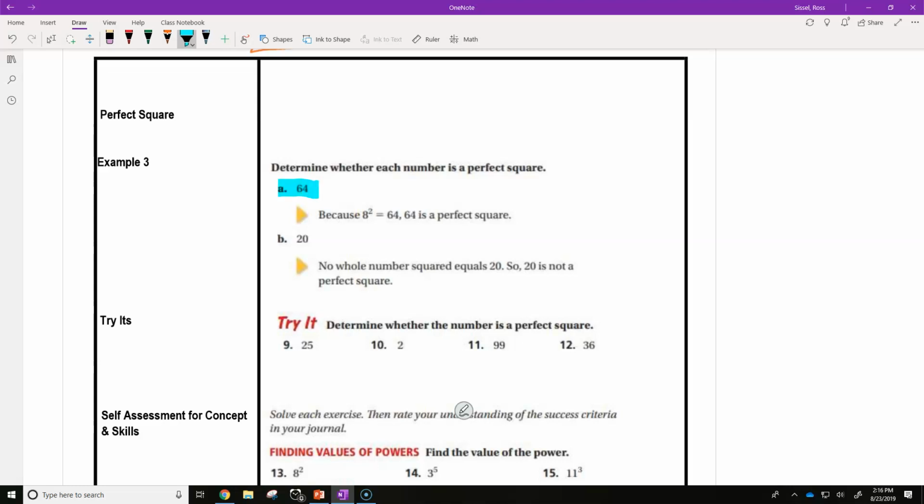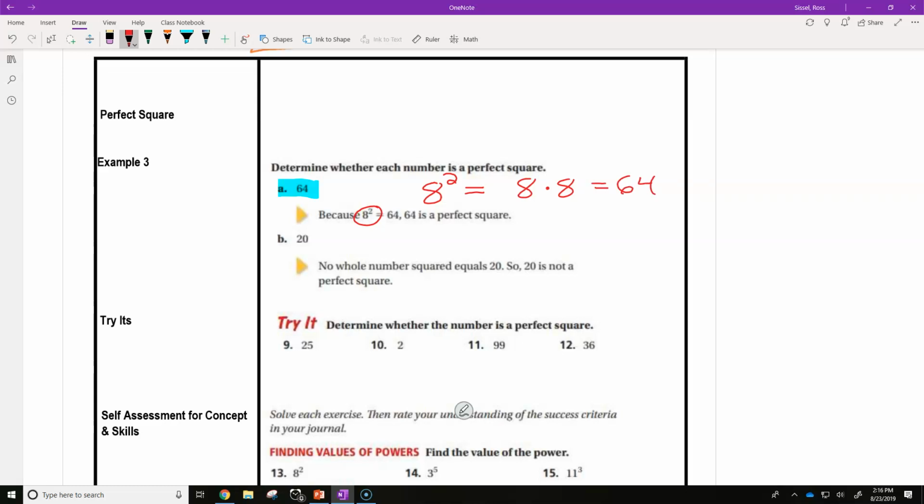The answer is yes, because 8 squared, if I wrote it as repeated multiplication, that's 8 times 8. The same number repeated only twice, and 8 times 8 is 64.